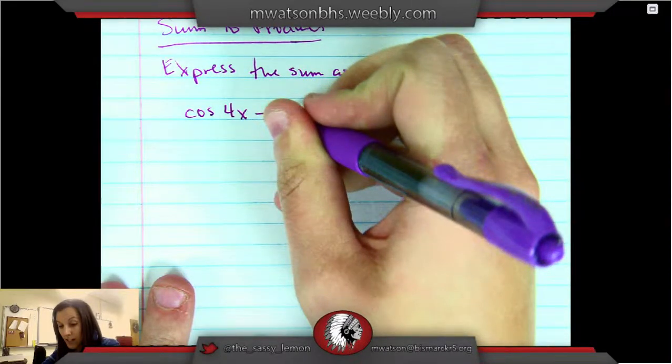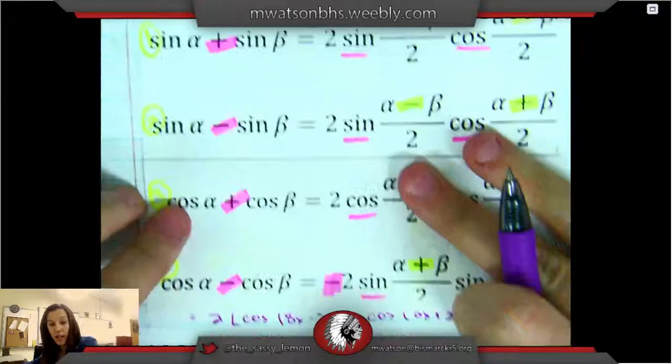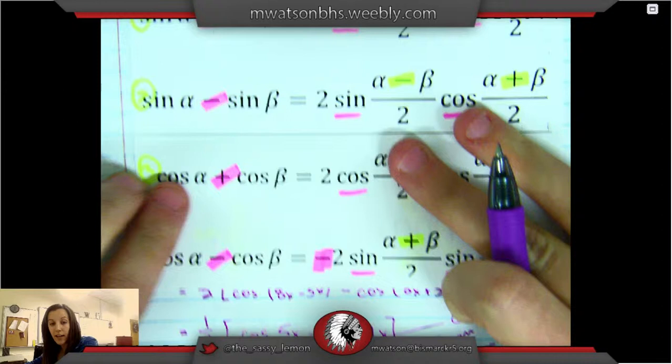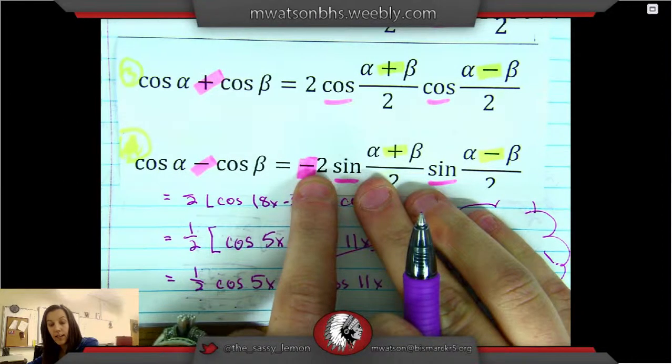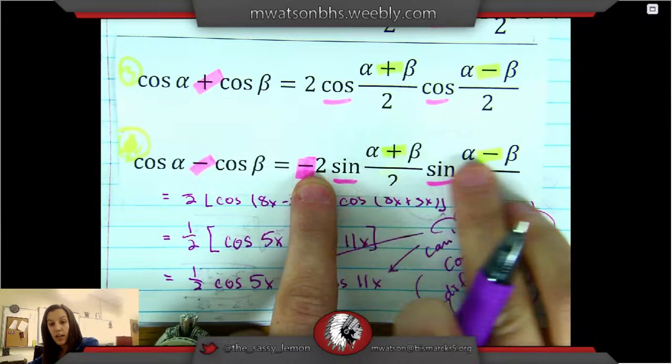So we're going to look in our foldable and figure out which formula will make this sum into a product. So I'm going to look at my bottom half, and I need a cosine minus a cosine. Okay, so I'm going to use this bottom one here. The one that has a negative out front, has 2 sines, one's with plus, one's with minus. Okay, got it. So that's what I'm going to use.